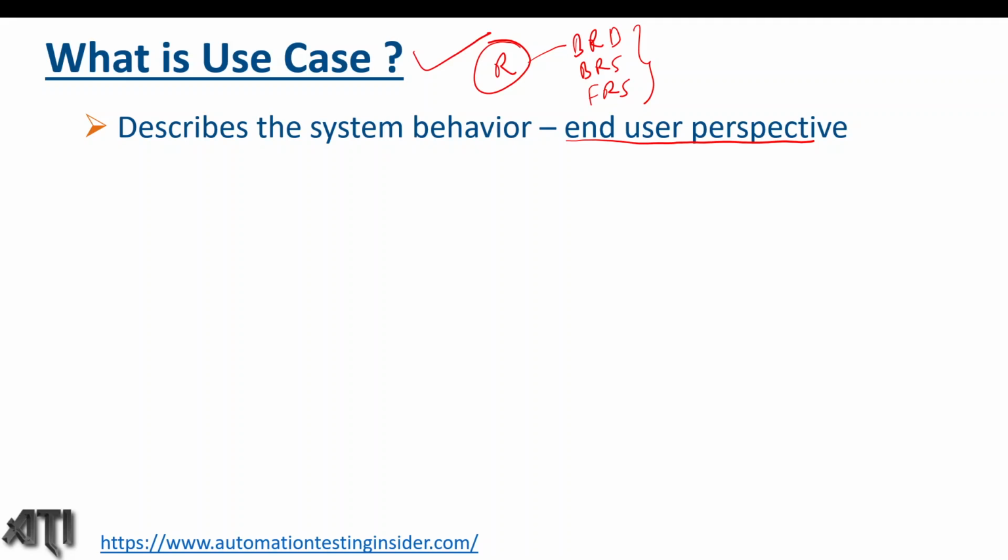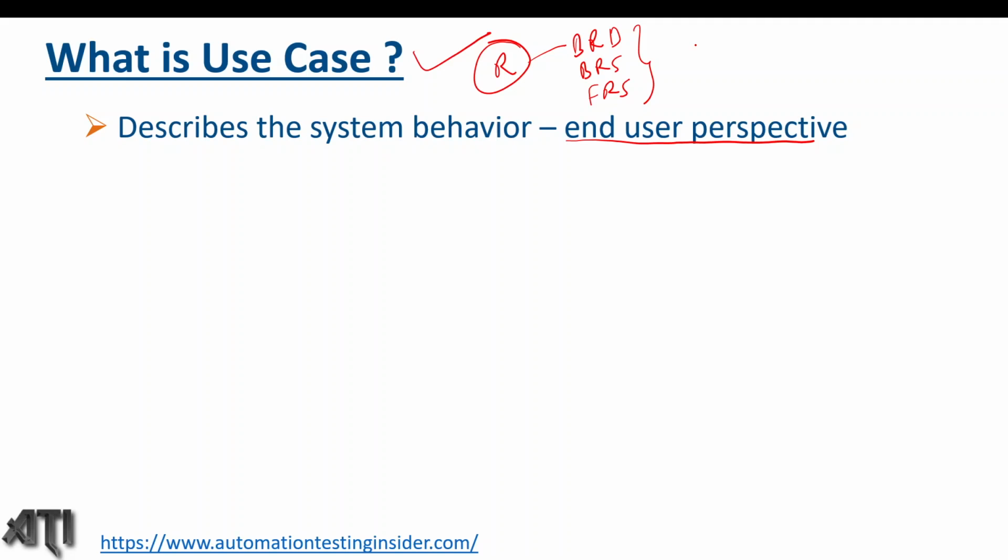These are detailed documents, right? All the requirements are captured in them, but the system behavior is not described. So business users will create the use cases, describing how the system behaves exactly as per the end user, how our client is going to use the system.